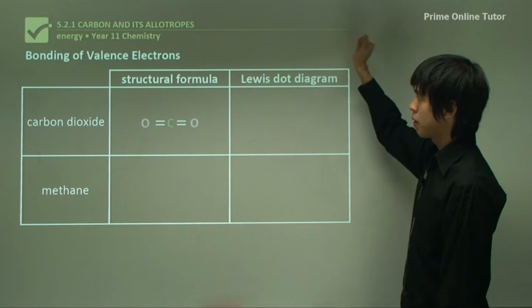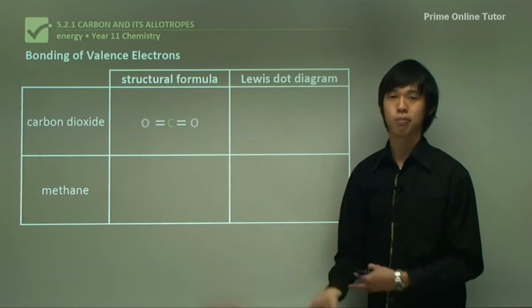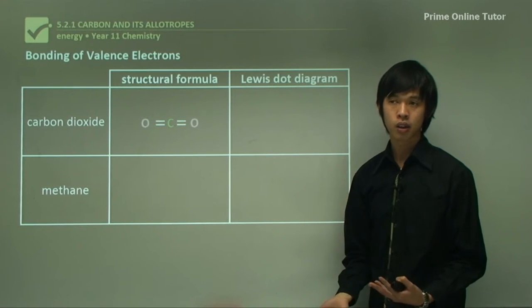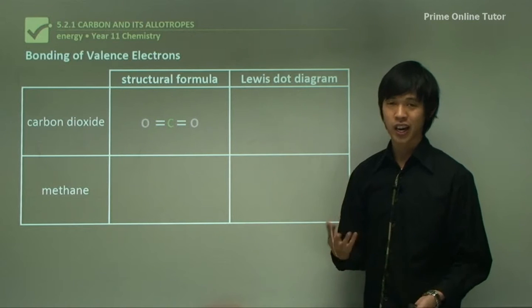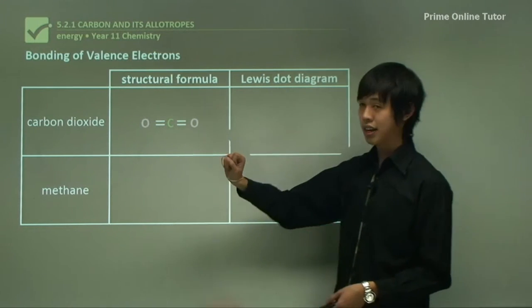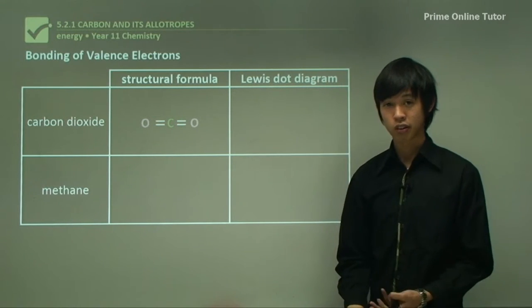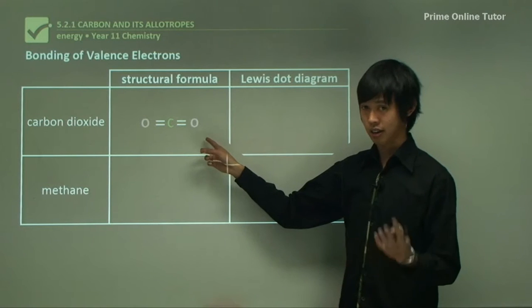So bonding of valence electrons. We tend to find mostly covalent bonding with carbon, and very rarely we see ionic type bonding. So here we have carbon dioxide, a very well-known gas, possibly the cause of global warming on our planet.